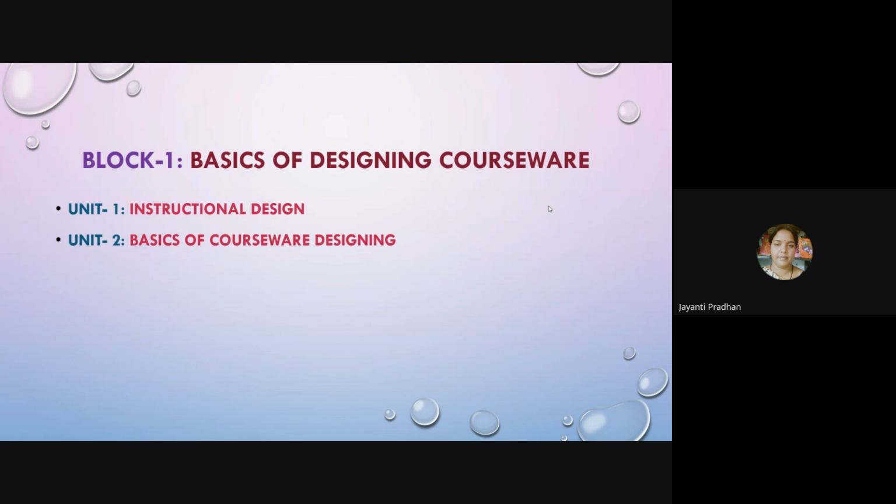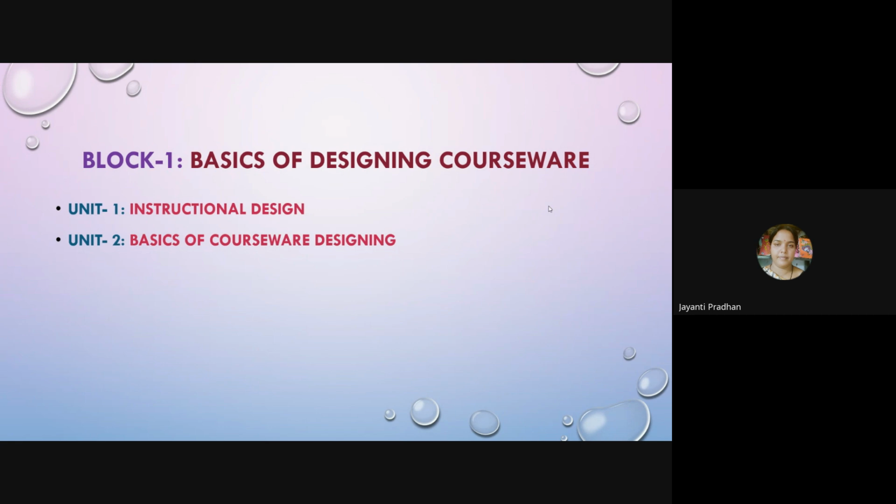Then in block 3, we will discuss courseware delivery and management. In that also there are 2 units: courseware delivery, that is, whatever courseware we have developed, how to deliver it, and then how to manage courseware development and archival in unit 8.